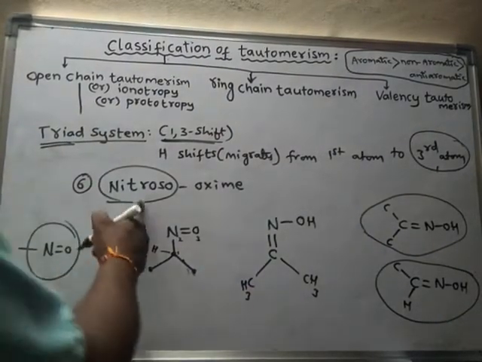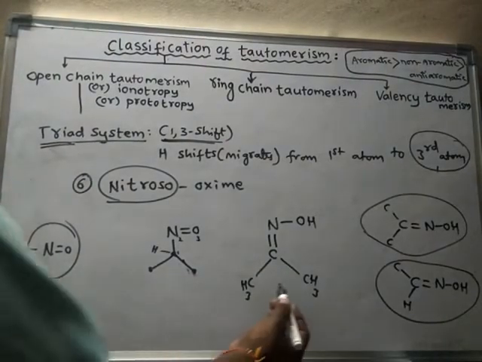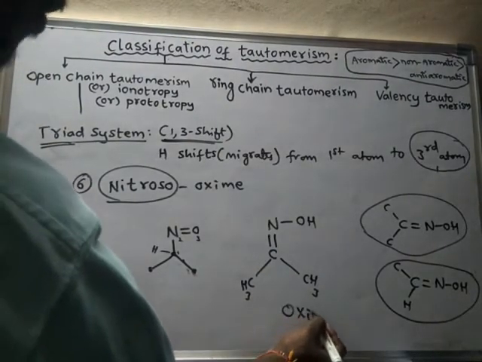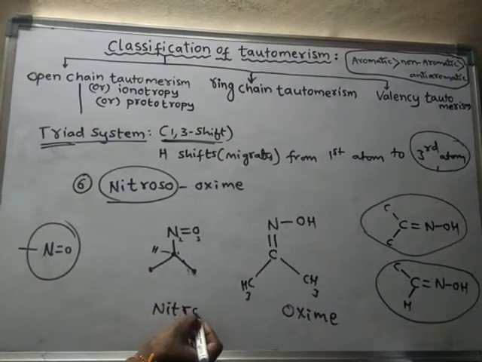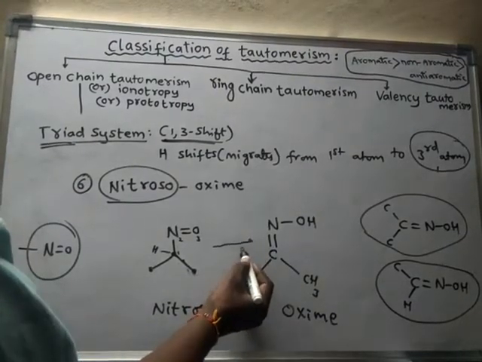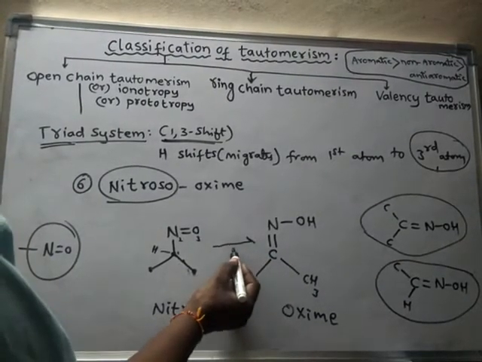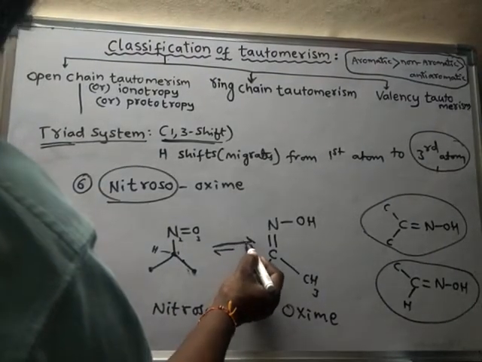So nitroso and oxime, these two are isomeric to each other. Remember that the oxime form is more stable than the nitroso form. Hence, arrow marks will be written like this. So oxime is always more stable than nitroso.